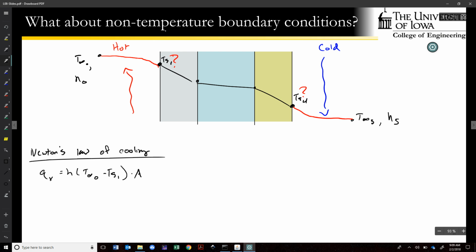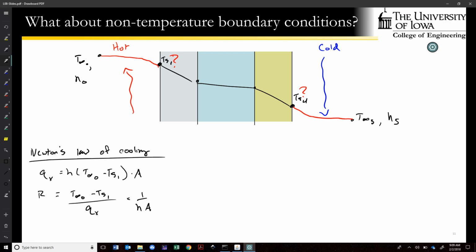So what if we wanted to come up with the equivalent resistance? We would say that R is equal to T infinity naught minus TS1 over Qx, which is 1 over H times A.